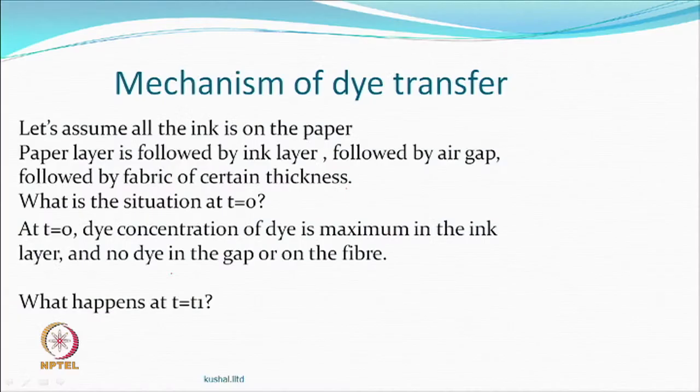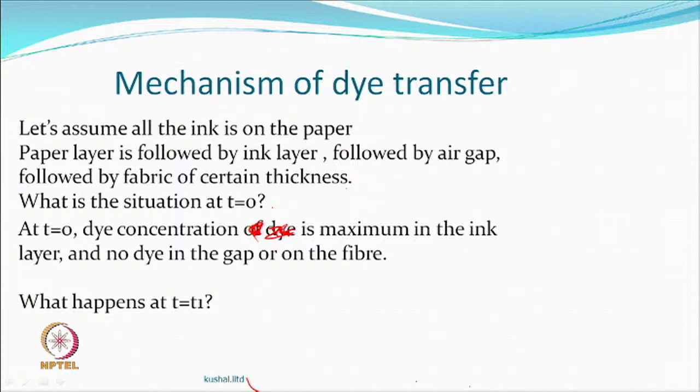So, at t equal to t0, dye concentration is maximum in the ink, right, that is what to say. The dye concentration is maximum in the ink and no dye was in the gap or in the fiber.